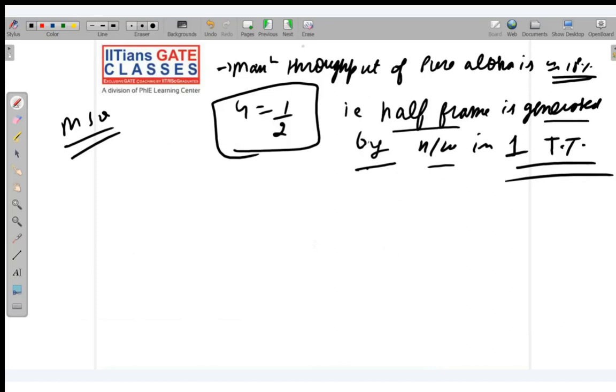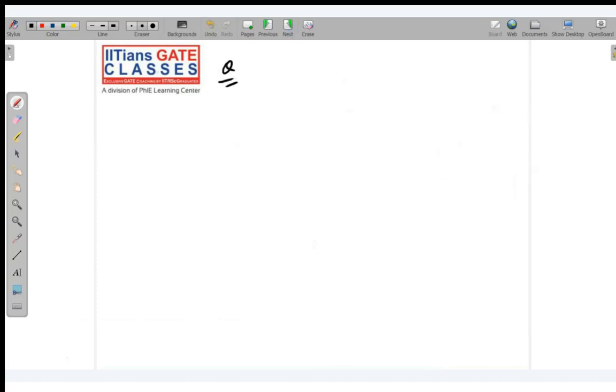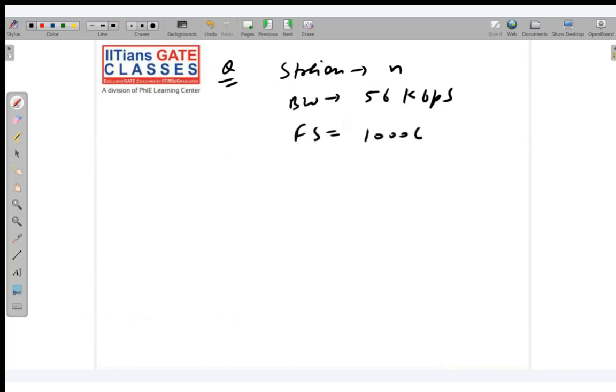Okay, so the question is, assuming there are n stations present in pure ALOHA network. In place of writing the entire numerical, I should write like this. Total number of stations in the network are n. Bandwidth is 56 kbps. Each station sends frames of size 1000 bit.